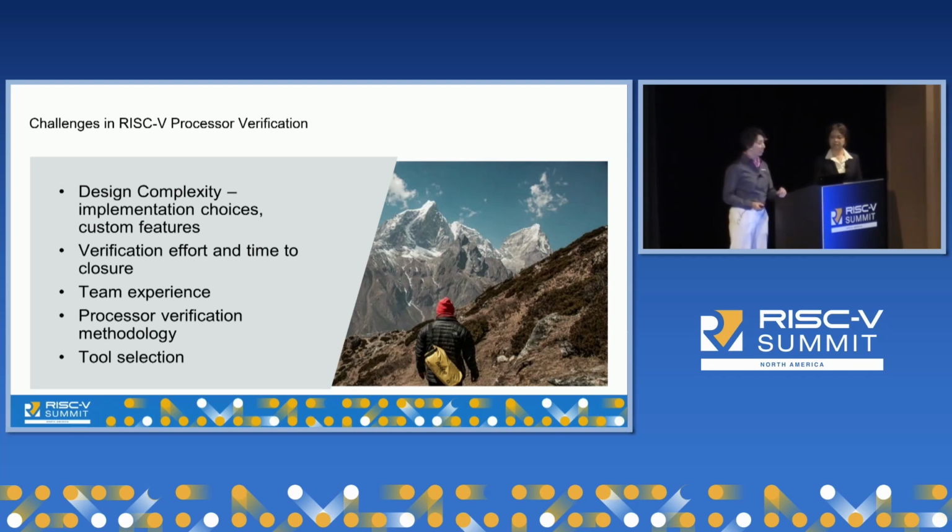Another consideration is that RISC-V has opened up processor development to a wider community, some of which may be experienced in design verification, but not necessarily in design verification of processors.